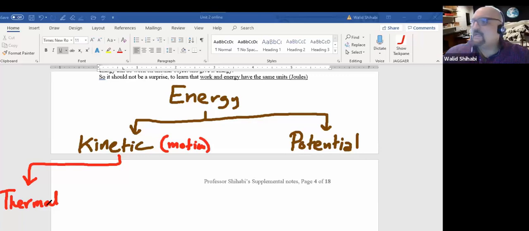So thermal energy is the motion of the internal molecules of objects. We know when you heat an object, it will gain energy in the form of thermal energy, and that causes the molecules or the atoms inside this object to start moving around.